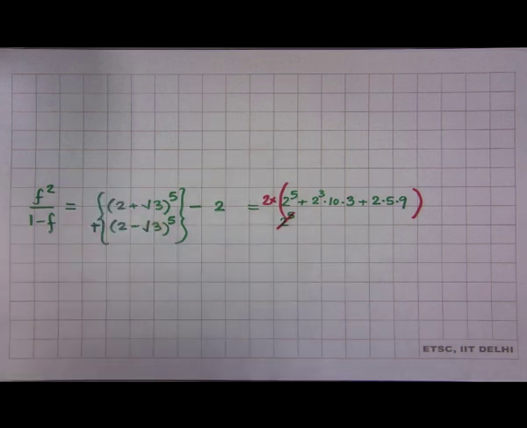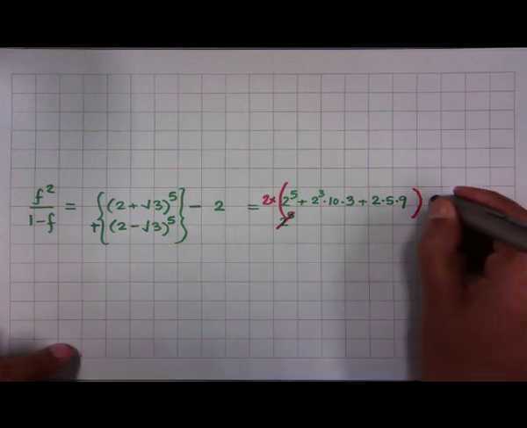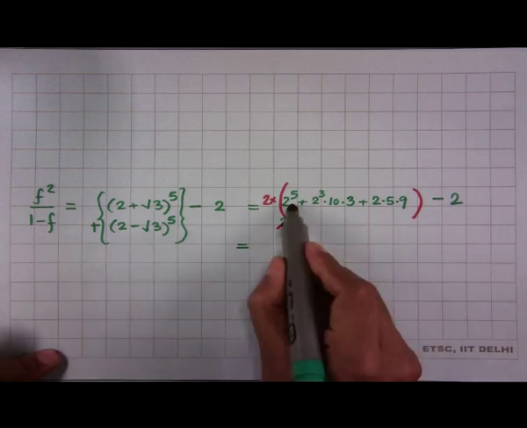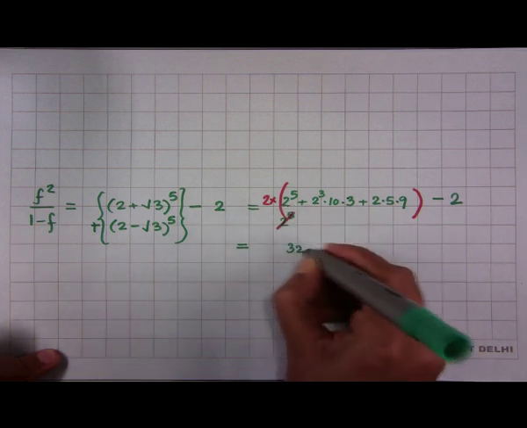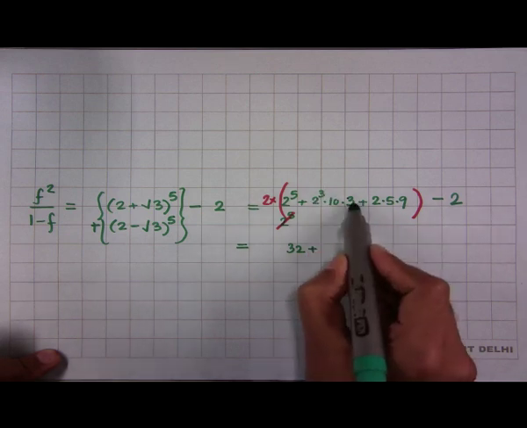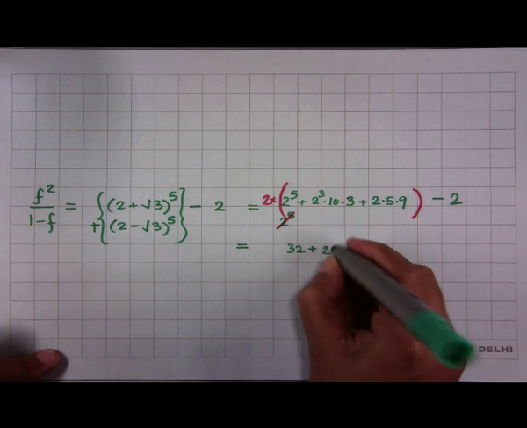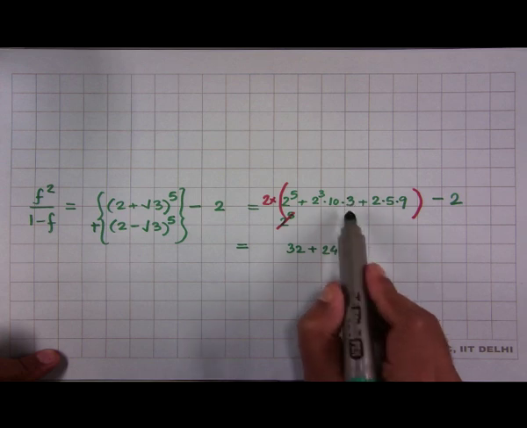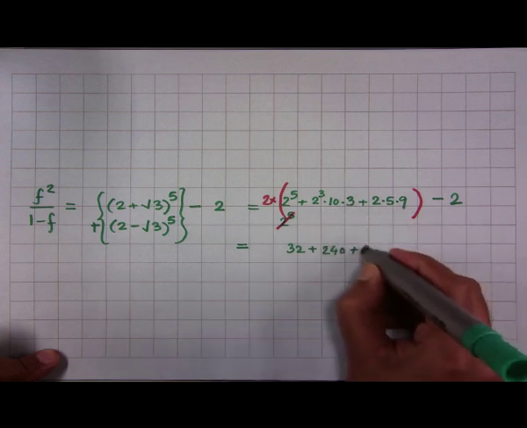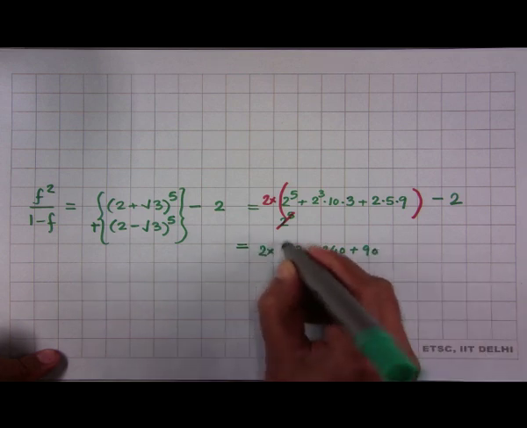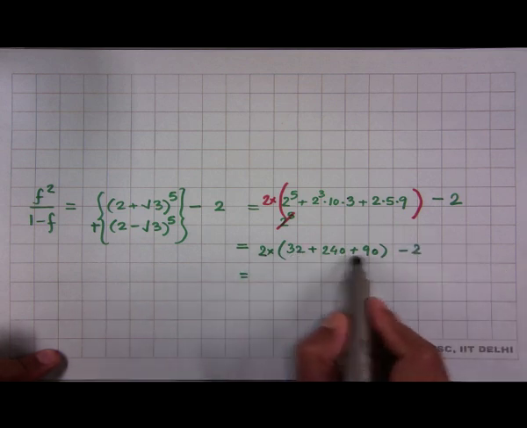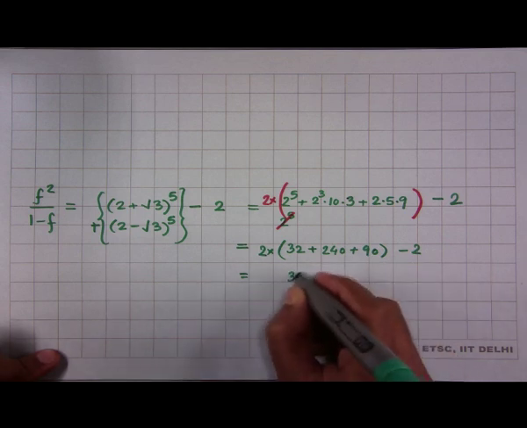So, you do not have to work with the fifth term, this whole thing minus 2. So, 2 power 5 is what? 32, 8 fours are 24, 240, and this is 90. And then what is it, 272, 362.